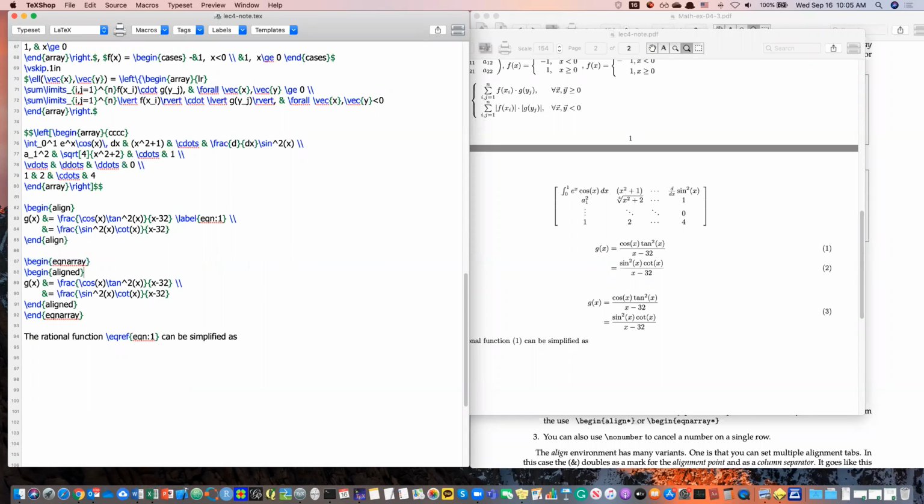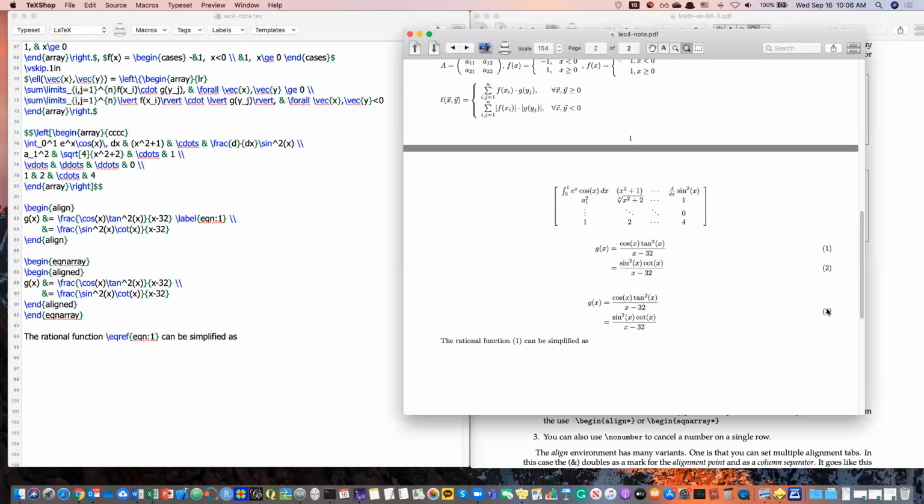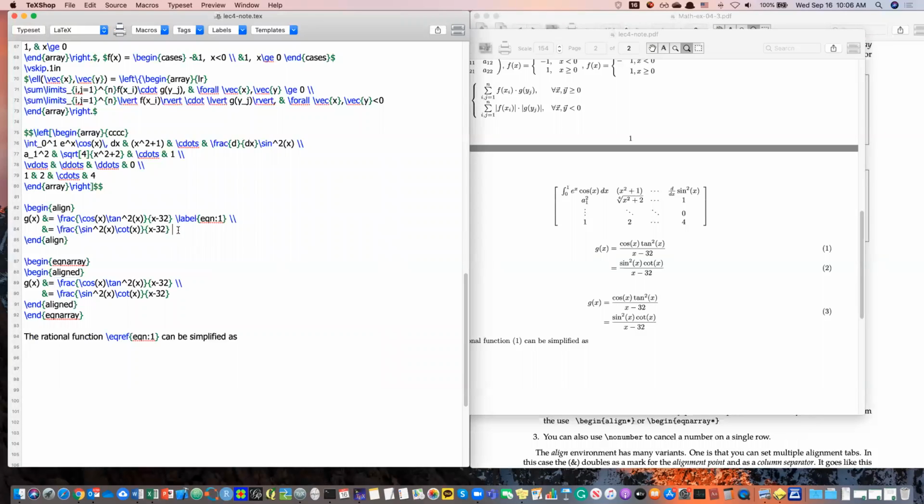So keep in mind this aligned environment can be used within a math environment. Because the equation array is one of the math environments. So align here. Okay, so now you see, by the way, we got the equation number 3, not just for the first line or second line, but for both lines, right? Okay. And I removed the no number right there.